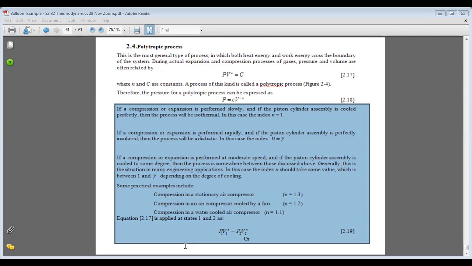For constant temperature process, isothermal, you can see n is 1. For reversible adiabatic, which we call isentropic, n is gamma. Gamma is Cp by Cv.